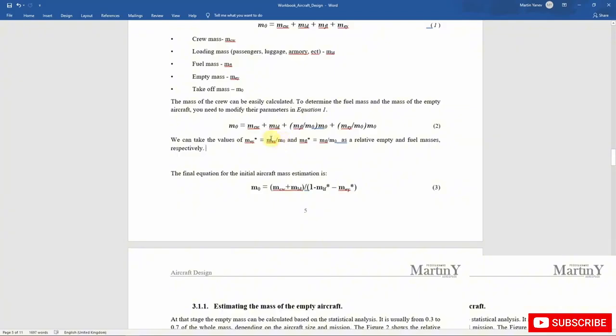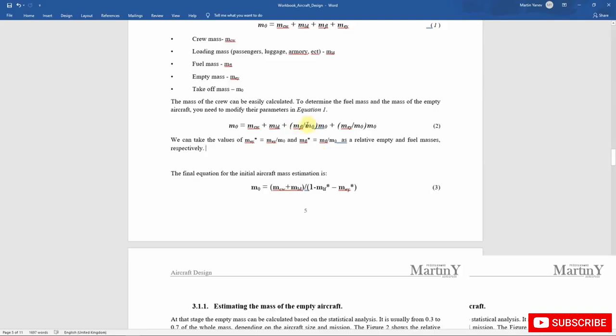This determines, relative to the takeoff mass, how much the empty mass is. And it's the same for the fuel: relative to the mass of the whole aircraft, how much the fuel weighs. As I said, it is a number from 0 to 1. Obviously it will never be 1 because the aircraft cannot be only fuel or only empty.